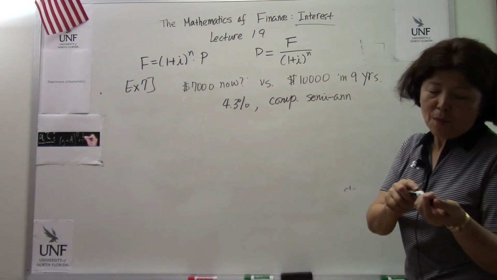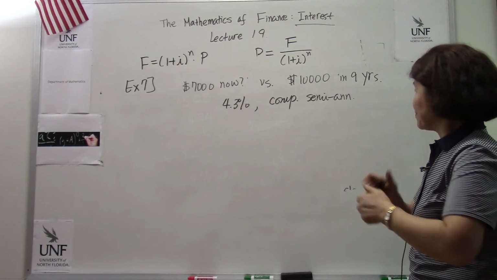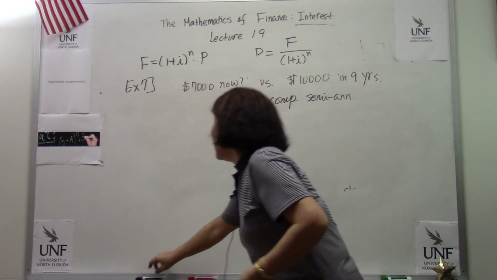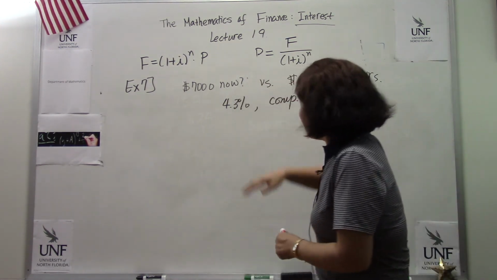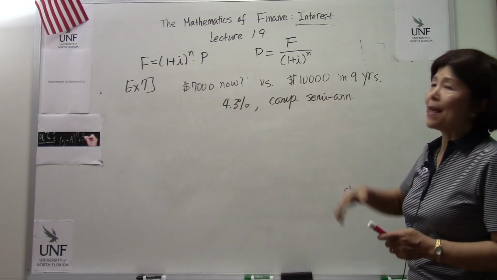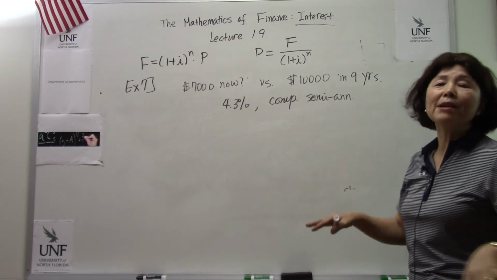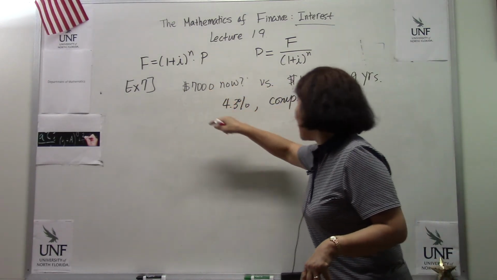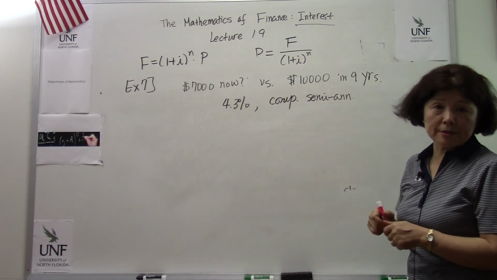When you have a problem like this, you have to be very careful, because you cannot compare $7,000 and $10,000 directly. There is no way to compare that because the timelines are different. This is now. This $10,000 sounds like more, but it is in 9 years.